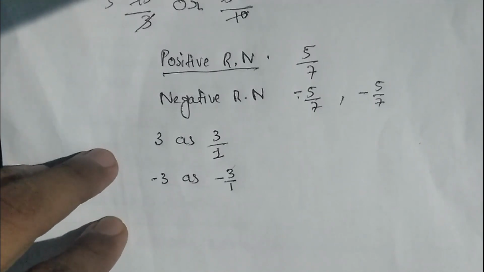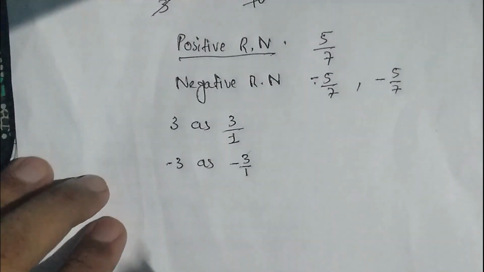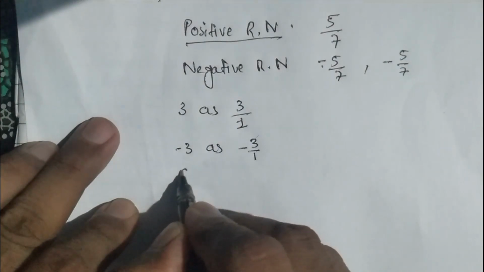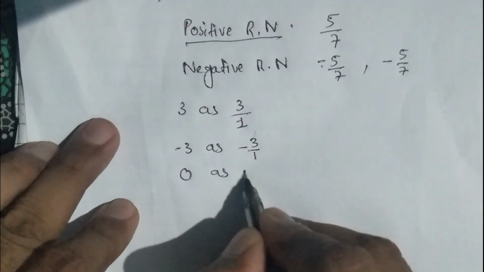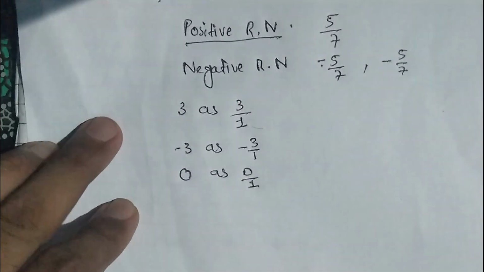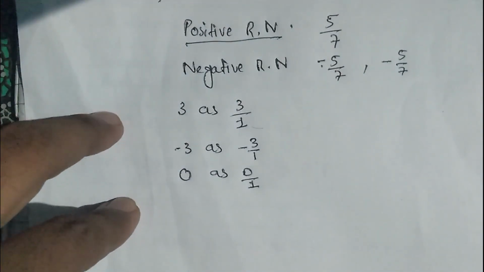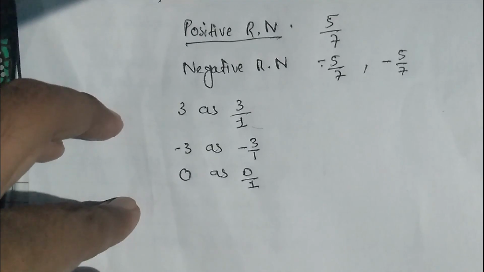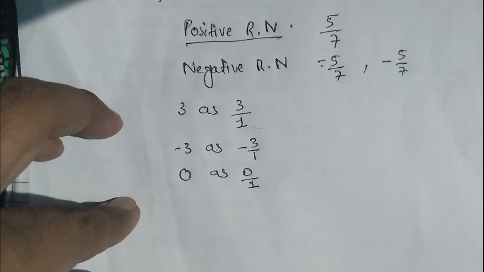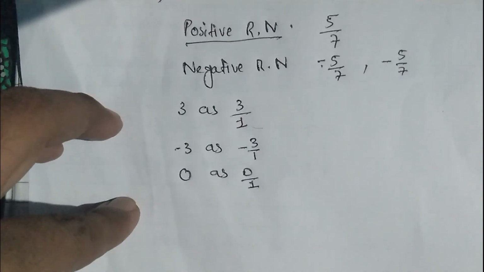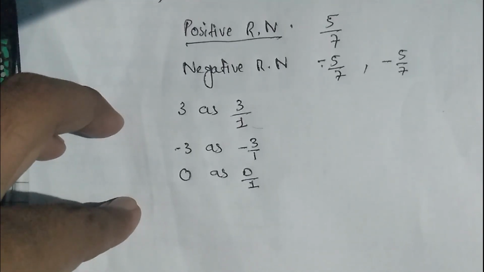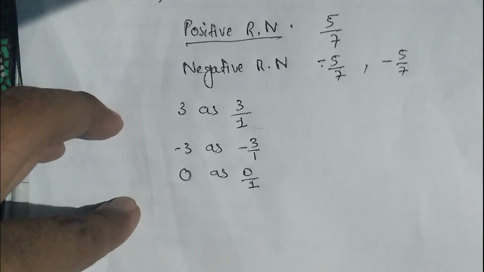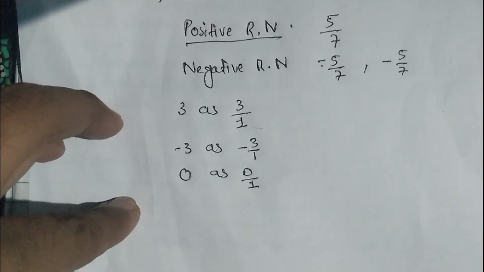We can also write 0 as 0 upon 1. Therefore, we can say that all these numbers are rational numbers. I hope now you have a clear idea what exactly a rational number is.